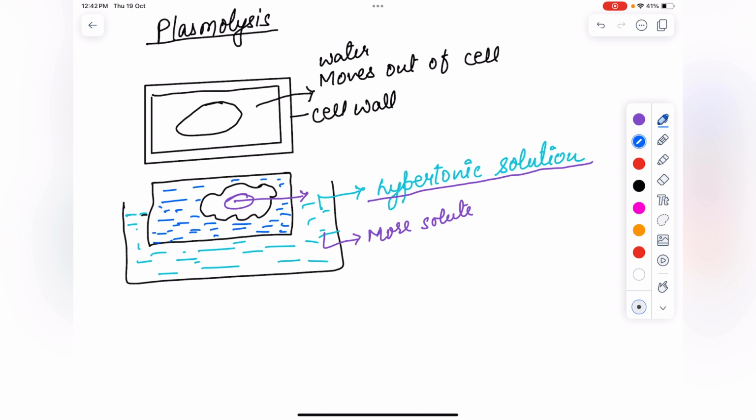Water will diffuse into the cell causing the cytoplasm to build up pressure against the wall and this is called turgid. Turgor pressure apply करेंगे.